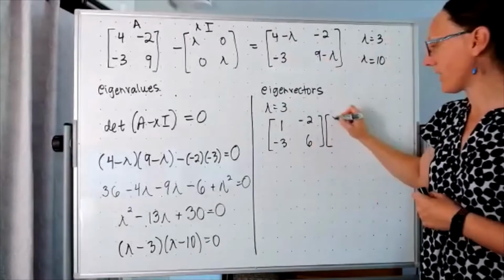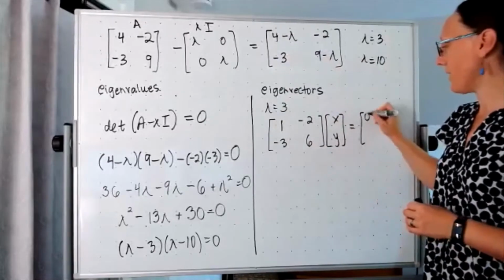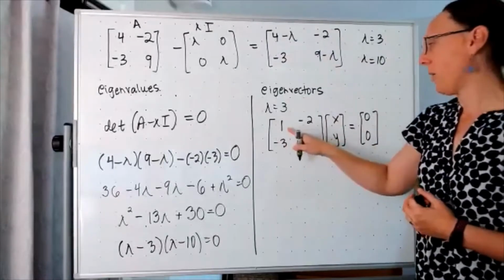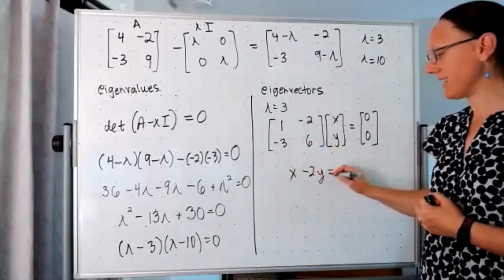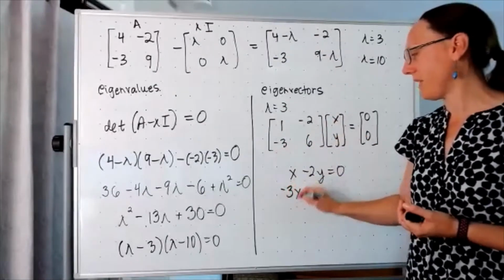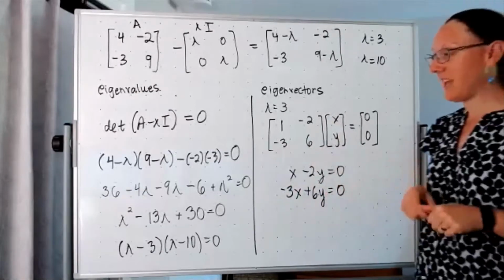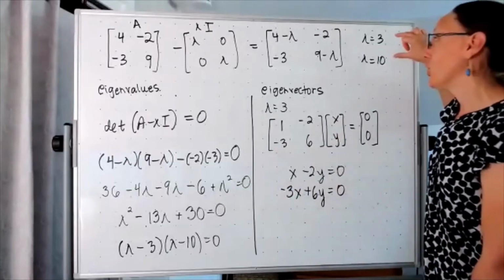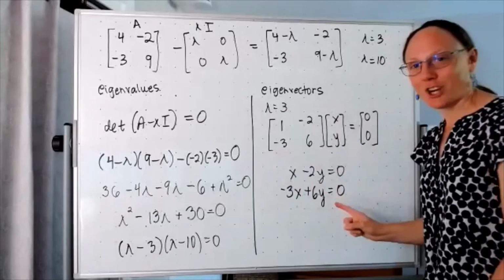So that matrix times a generic xy vector needs to be equal to 0. Well, when we multiply that out, I get 1 times x plus -2 times y needs to be equal to 0, and -3 times x plus 6 times y also should be equal to 0. This is just like a quick reality check. If you had two distinct eigenvalues, these two equations should always be the same.